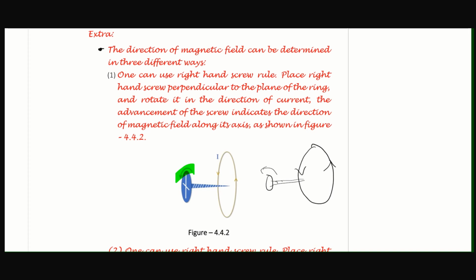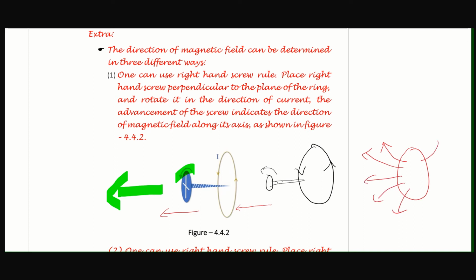In this particular case, the screw will go like this. So this ring will have its magnetic field in the left direction. Magnetic field lines would come out from the ring on the left side and enter from the right side. This is the nature of the magnetic field of this ring.